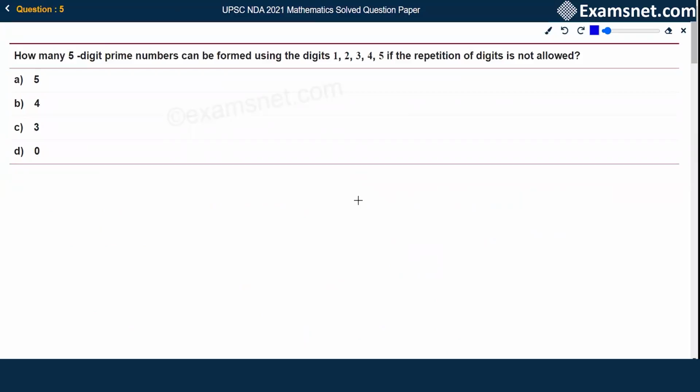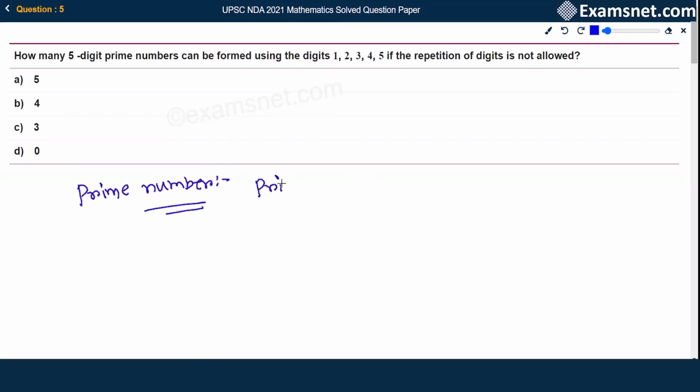It is given in question number 5, how many 5-digit prime numbers can be formed using the digits 1, 2, 3, 4, 5 if the repetition of digits is not allowed. First, let me make you remember what is prime number. So what is the definition of prime number?